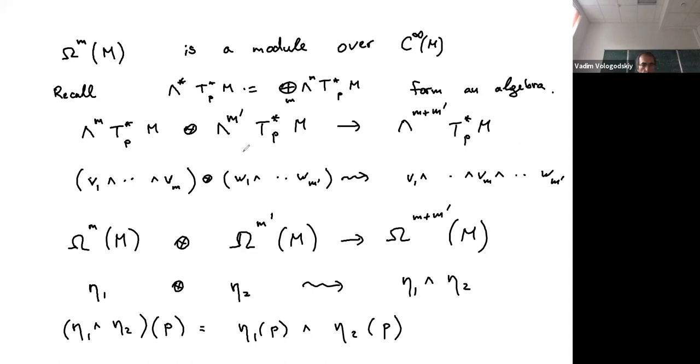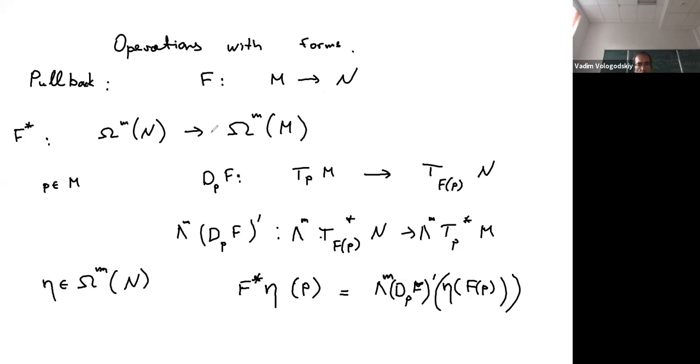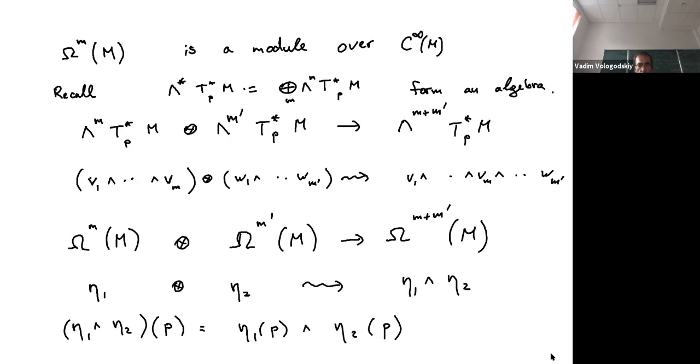Very good. So now we have two basic operations on forms. One operation is the pullback, and another operation is the exterior product. And here are the basic properties.